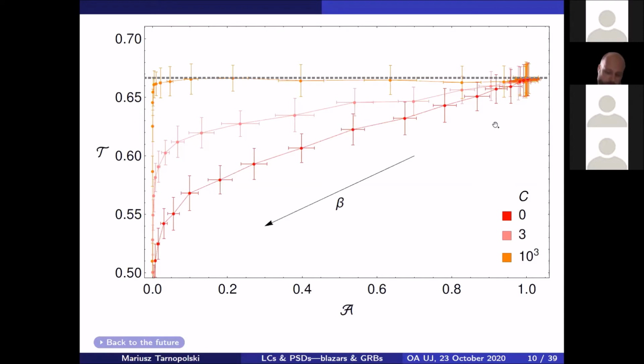This makes sense since when white noise is injected in the data, it will alter the probability of obtaining a turning point and will affect the gradient, the ruggedness of the series. But even for a high level of white noise, when T is close to 2/3, the values of A can be very different, hence allowing for example, classification.